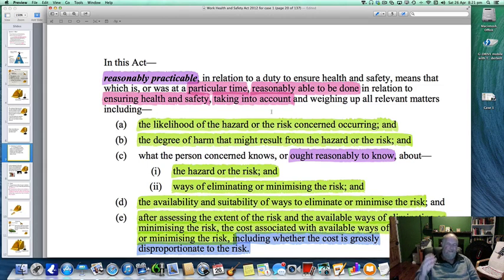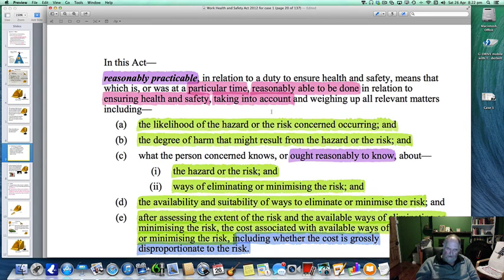So that's a mouthful, isn't it? Okay, so it means reasonably practical in relation to a duty to ensure health and safety, and it's the way you say it that gives you the ability to interpret these things. So make sure your commas are very important in the interpretation of these.